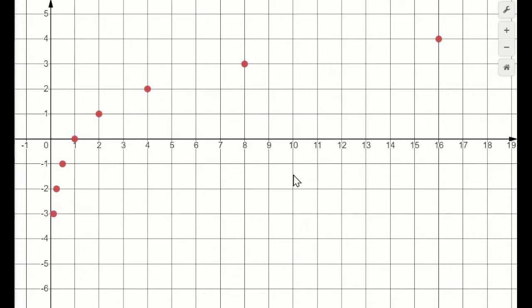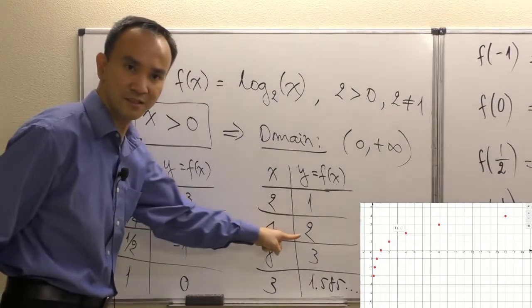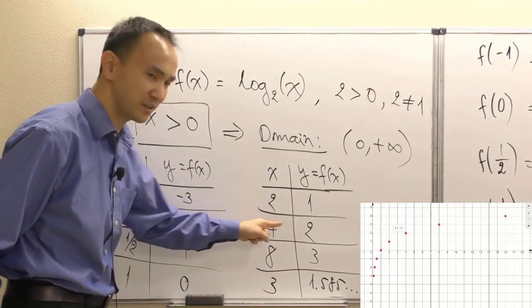We can quickly double check. For example, this point is when x equals 4, and the coordinates label shows 4, 2. That agrees with the table of values: 4 for x, 2 for y.